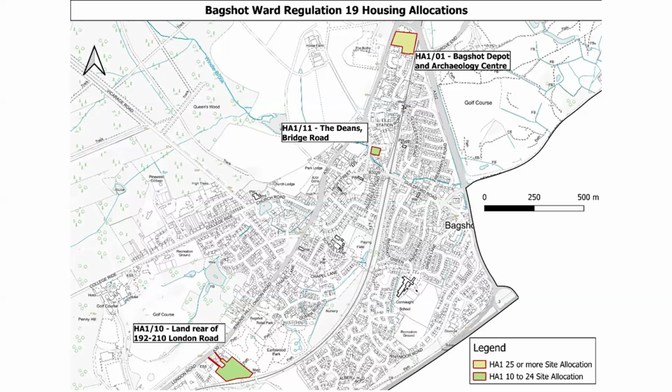Starting with the allocations in Bagshot, we have the Bagshot Depot and Archaeological Centre to the top of the picture, which is allocated to 50 units. There's land rear of 19 to 210 London Road, which is allocated for 20 units towards the bottom of the screen, and the Deans in Bridge Road, which is allocated to 20 units and is just outside the district centre of Bagshot.